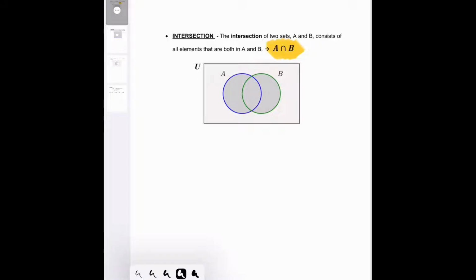And for intersection, if you want to remember this, the symbol is an inverted U. So this is actually the intersection. All the elements inside this overlapping section of circles A and B are actually the elements that belong to A intersection B.